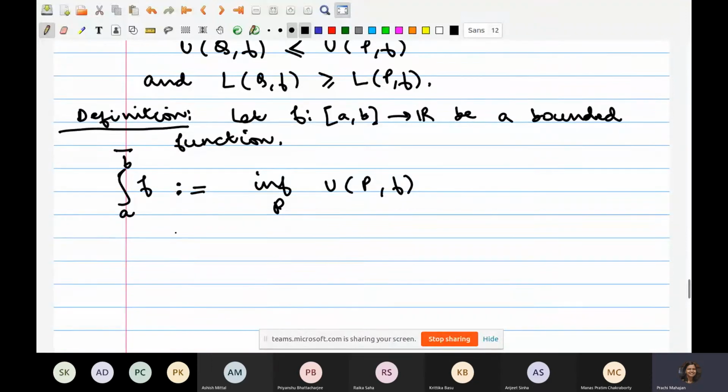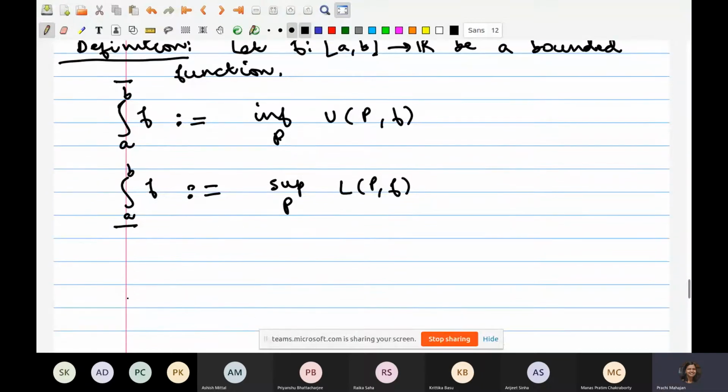And similarly, you consider the lower sum corresponding to the partition P, and you take the supremum over all partitions P of the interval AB. This quantity is called, and this is the notation, the lower Riemann integral of f on the interval AB.